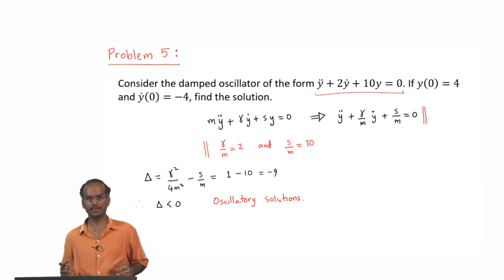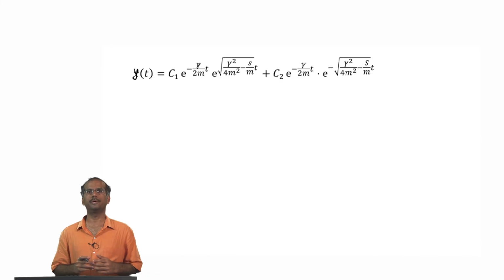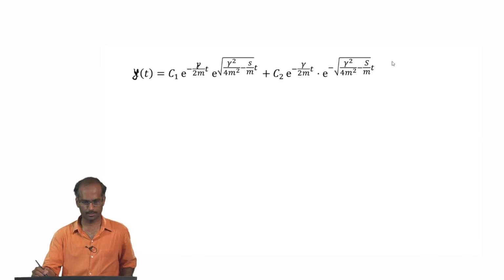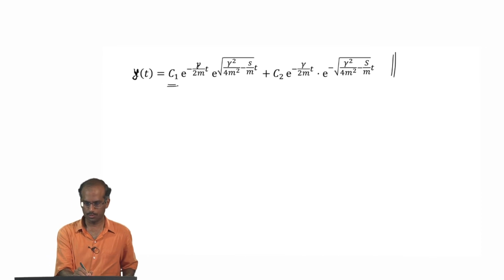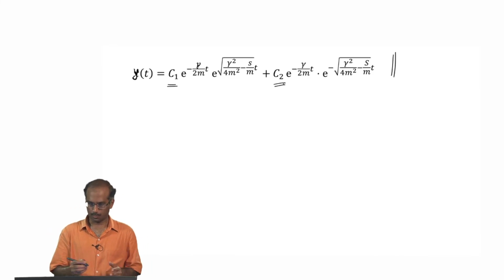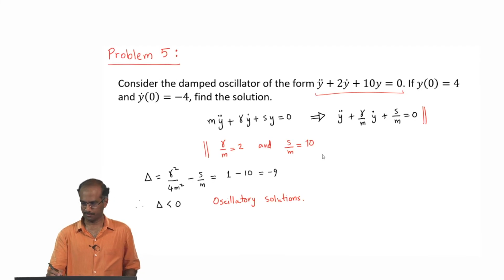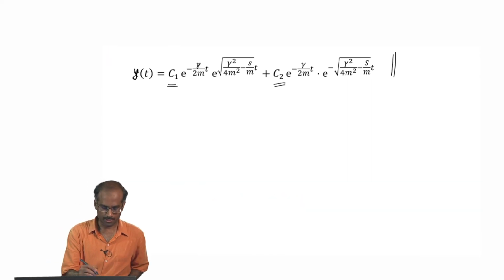Since we are in the oscillatory regime or damped oscillatory regime, the solution that is going to be relevant for us is given here, and you will see that it has two parts to it with two constants C 1 and C 2. Now, we can plug in the numbers from the parameters of the problem, and if I do that, I should be able to write my solution as follows.